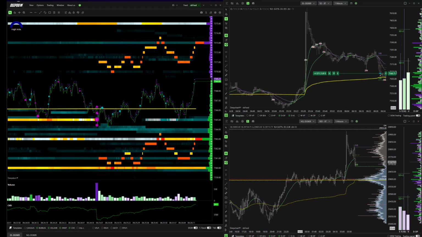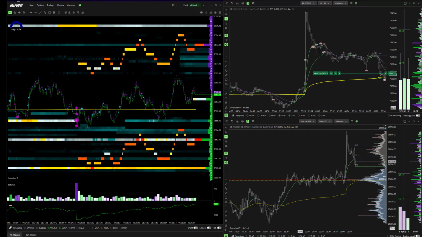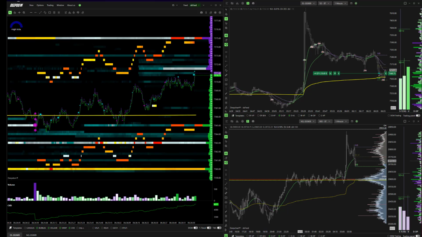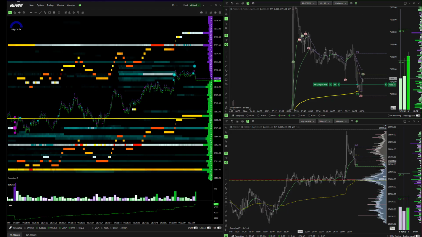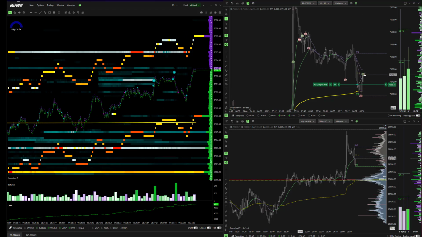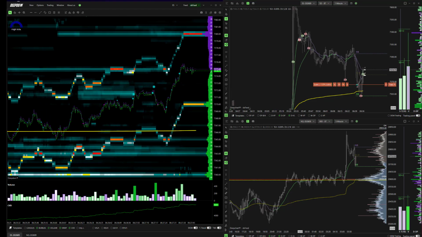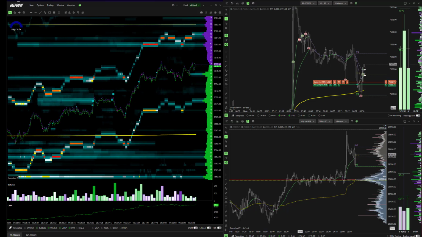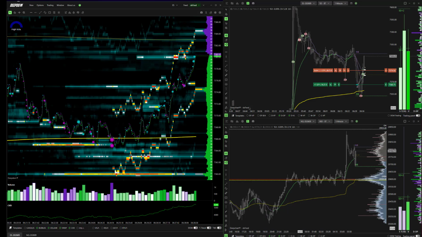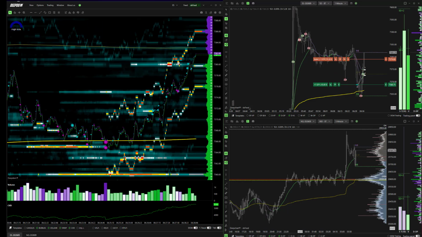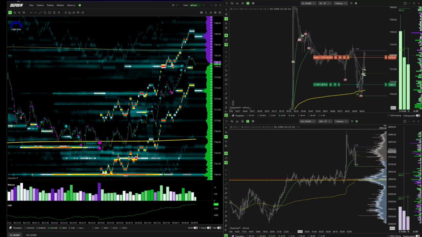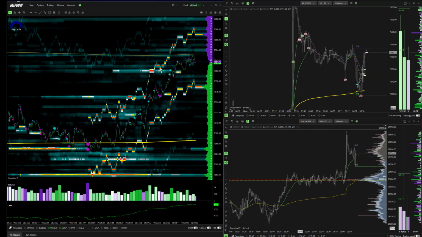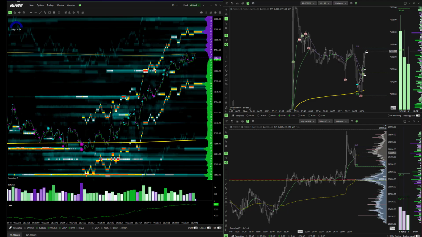So when the price tested VWAP, I started watching the order flow, and instead of seeing aggressive sellers continue to push lower, buyers began absorbing the selling pressure while liquidity built underneath the price right there. That was the confirmation I needed.